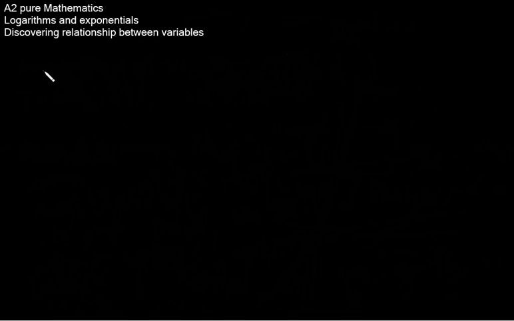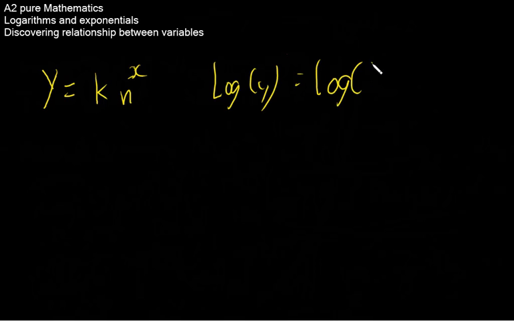Let's say we have another function of y, where y is equal to k times n to the power of x. Is there any particular relationship here? We also take the log of y, which is equal to the log of k times n to the power of x.